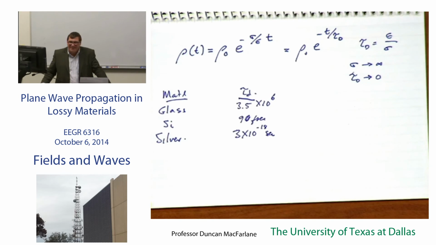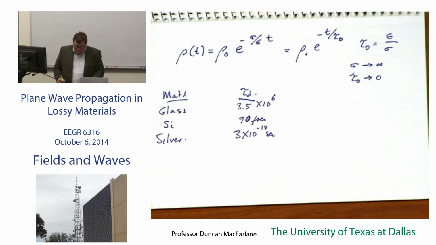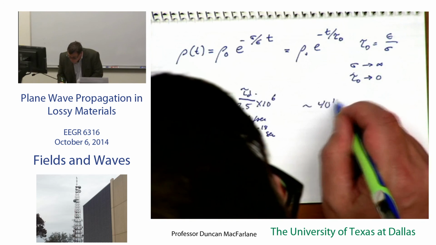That's a lot. I mean, that's for a material constant. Nobody's impressed. All right. How long is a million seconds or 3 million seconds? Believe it or not, it's even longer than one of my lectures. That's 40.5 days.